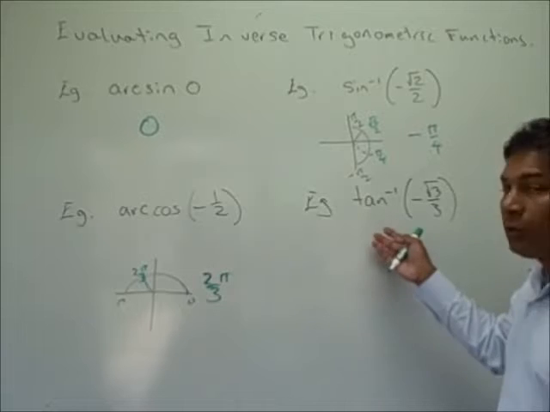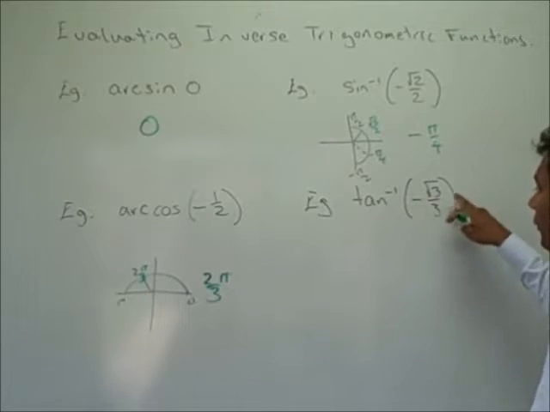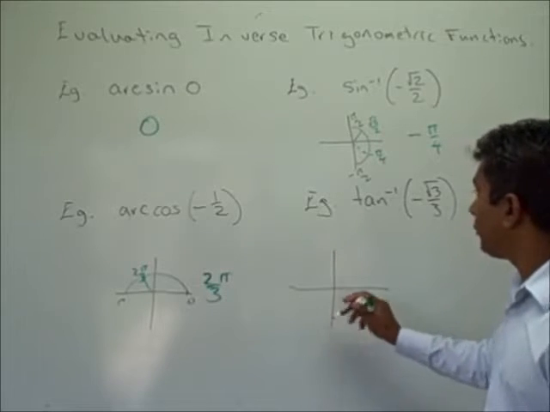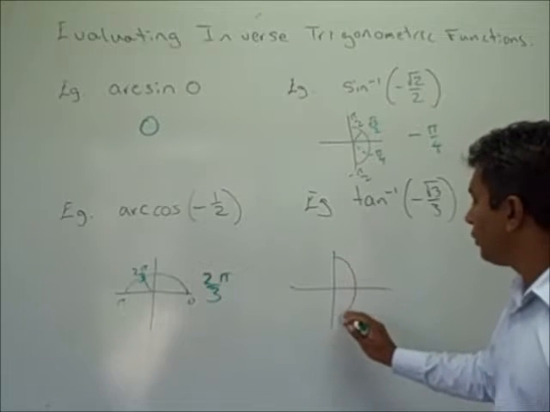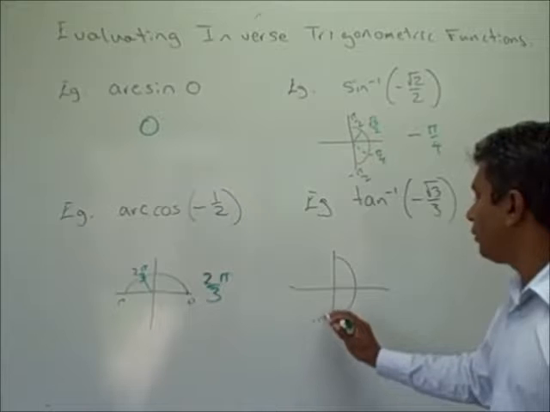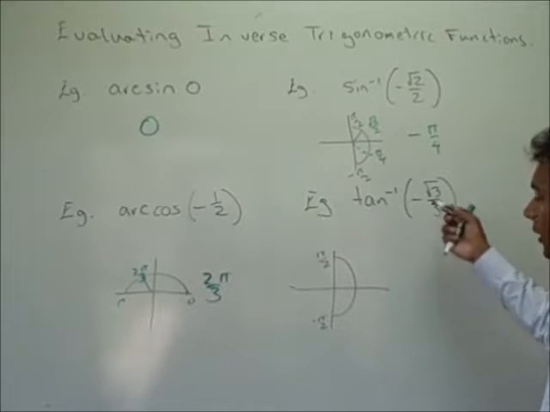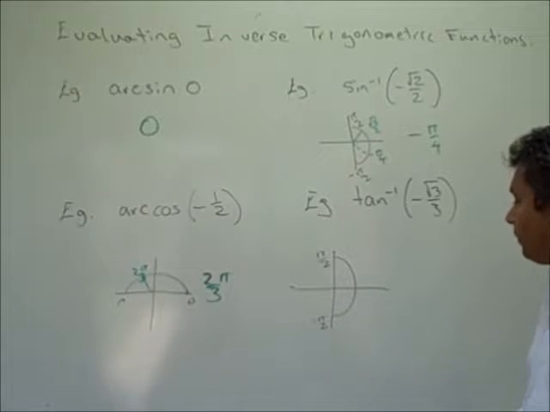Here we have our tangent. We're trying to find the arctan of -√3/3. Going back to our domain and range again of our arctan, for arctan, we go from -pi/2 to pi/2. Since it's negative, we know it's going to be down here.